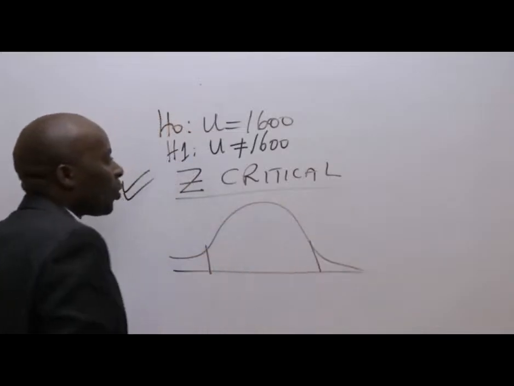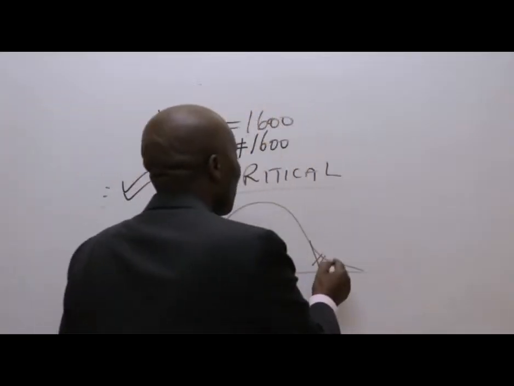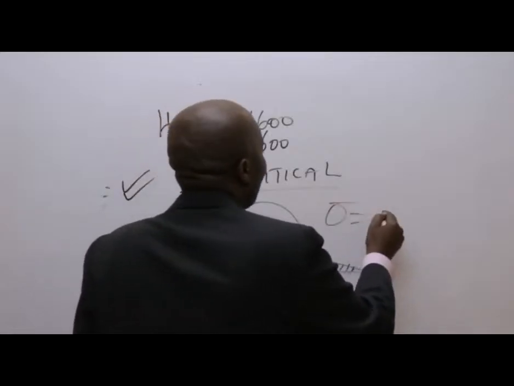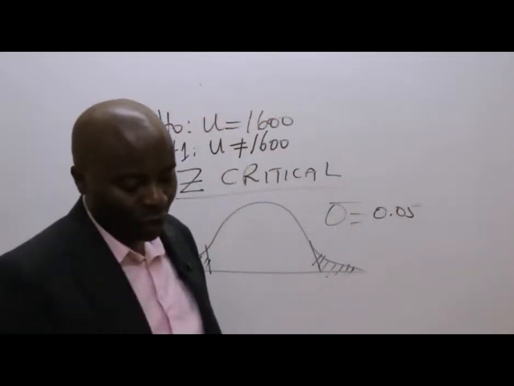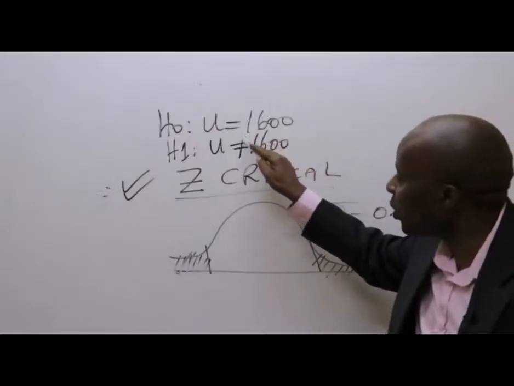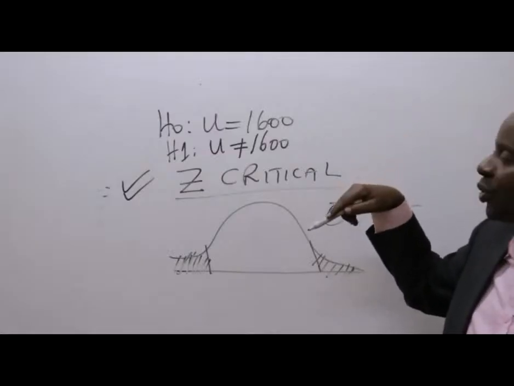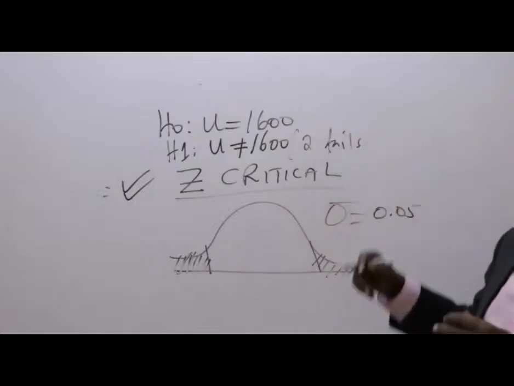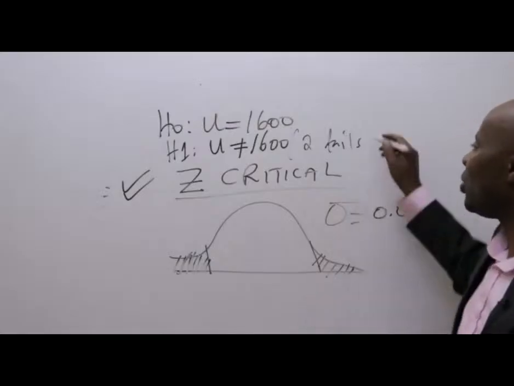This examiner has given us the level of significance, which happens to be 5%, that is 0.05. Given that this one is a not equal and it can go either way, you are handling a two-tails test.